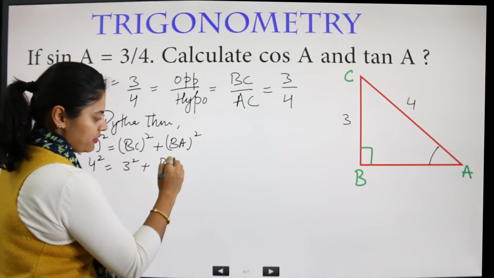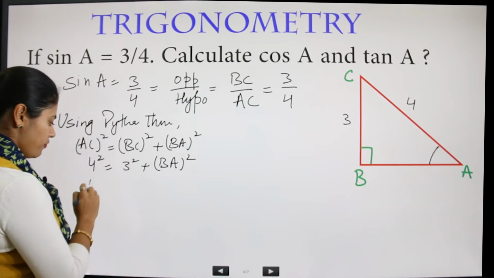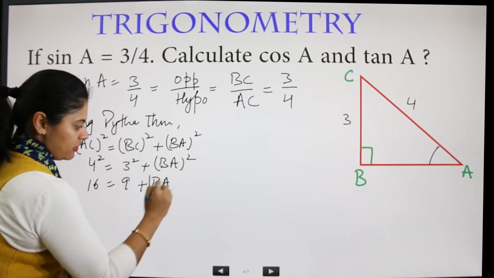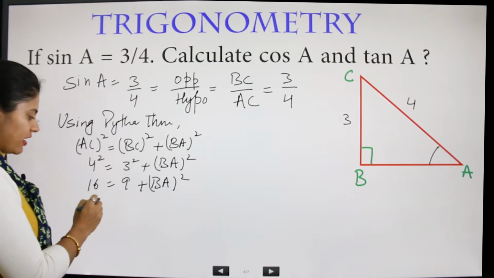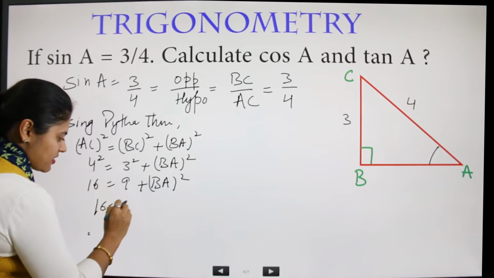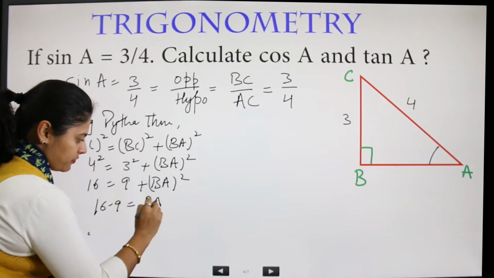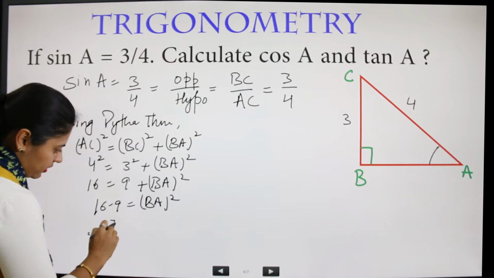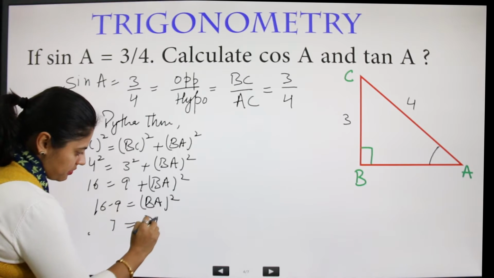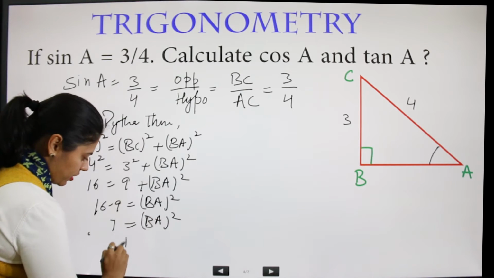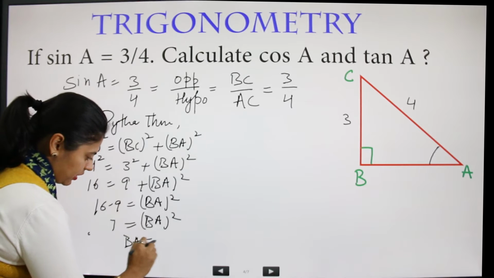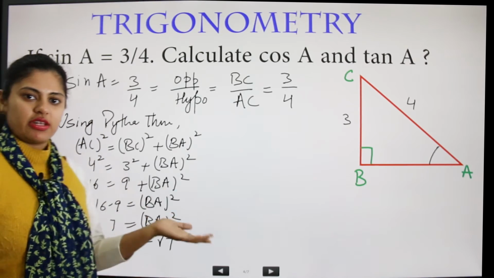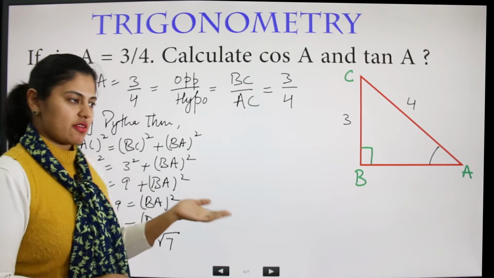We are supposed to find BA. So 4 4s are 16, 3 3s are 9, plus BA whole square. So you take 9 to this side, and it becomes negative. 16 take away 9 gives you 7, which equals BA whole square. And to find the value of BA, that will give you square root of 7, because when the square goes to the other side of the equal sign, it becomes a square root.